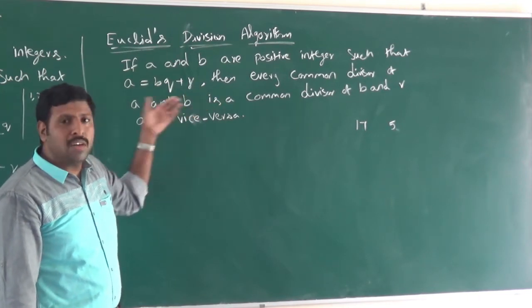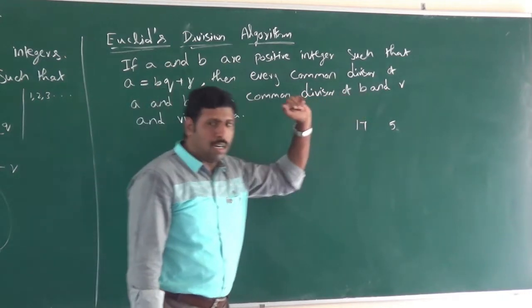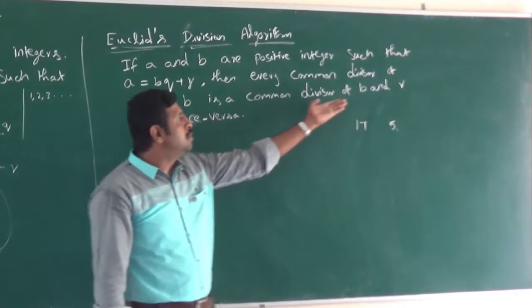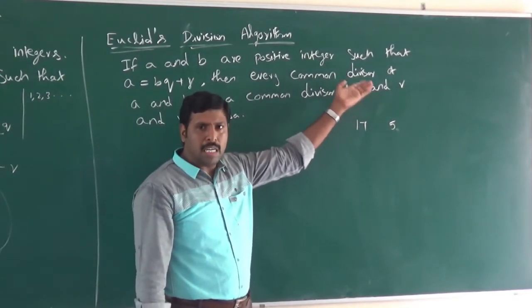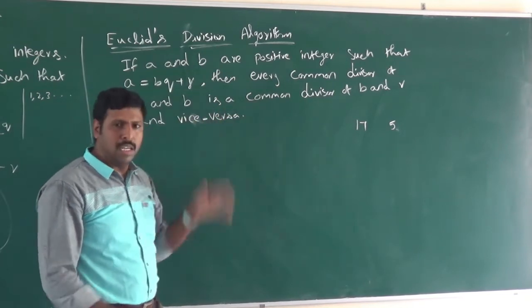The common divisor of A and B is also a common divisor of B and R, and vice versa. That is the meaning of vice versa, right?